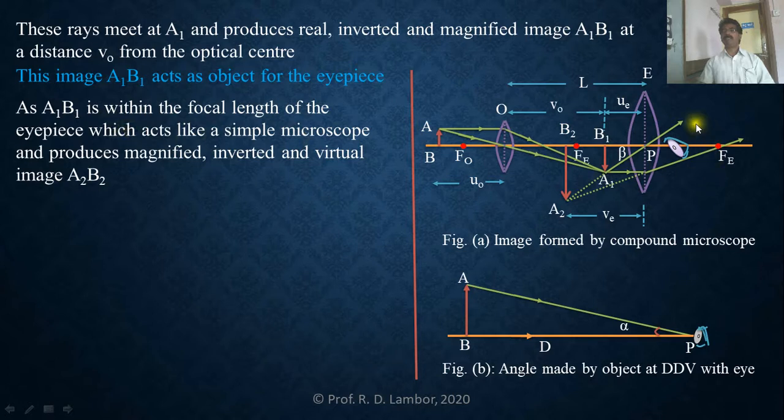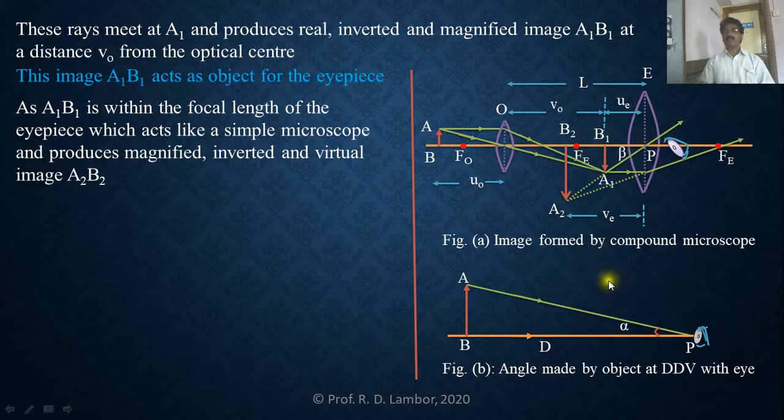Now here the eyepiece acts as only a simple microscope, and as a simple microscope, it produces its final image A2B2, which is magnified, inverted and virtual, on the same side of this object A1B1. So in this way, final image formation takes place in the compound microscope. And this final image A2B2 can be seen by keeping our eye very close to the eyepiece.